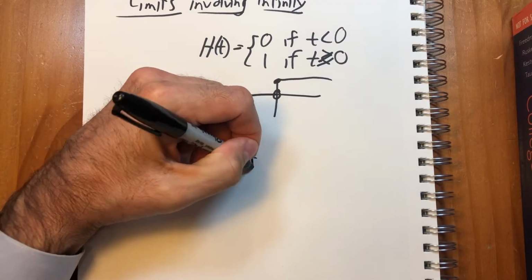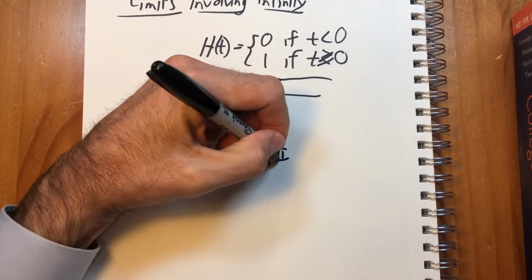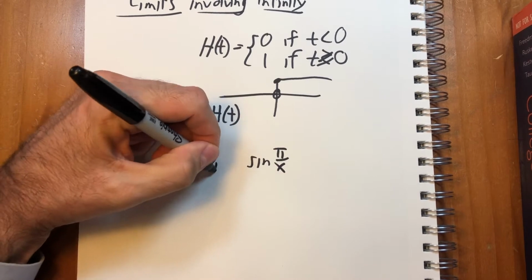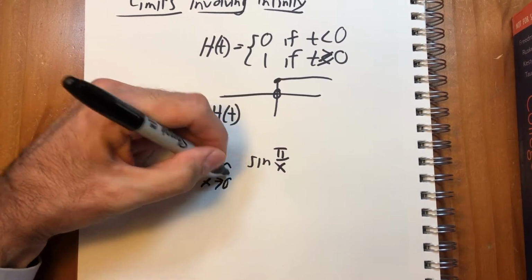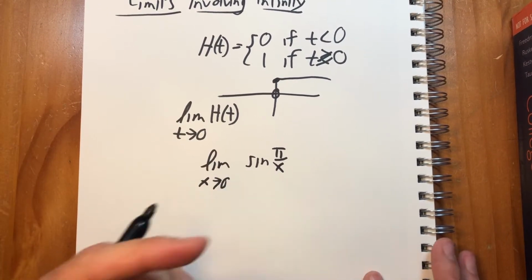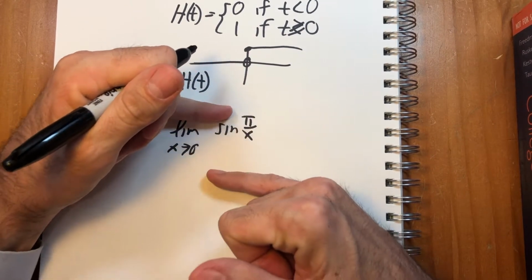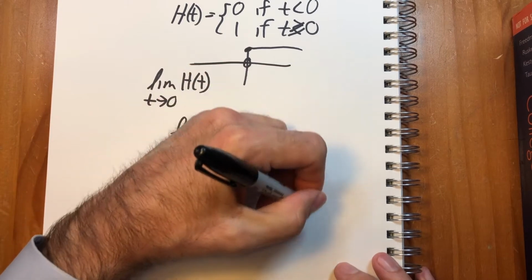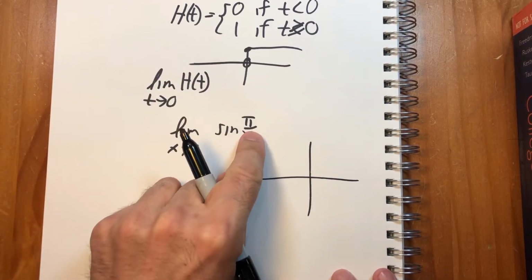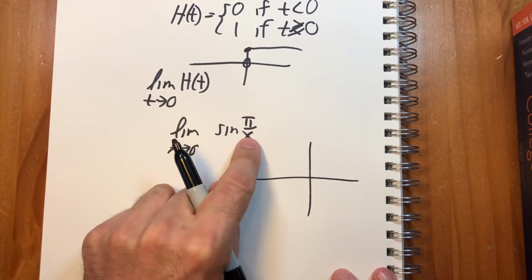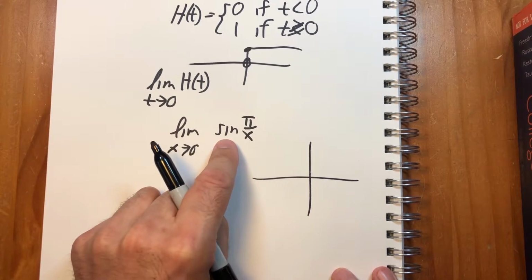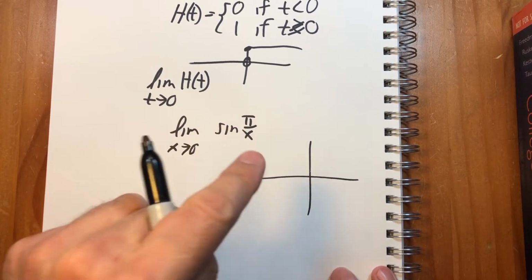Another function we looked at was sine of pi over x, where the limit as x approaches 0 also does not exist. It didn't exist for a different reason. Even though sine is always a value between 0 and 1, as x gets closer to 0, this number gets bigger and bigger.